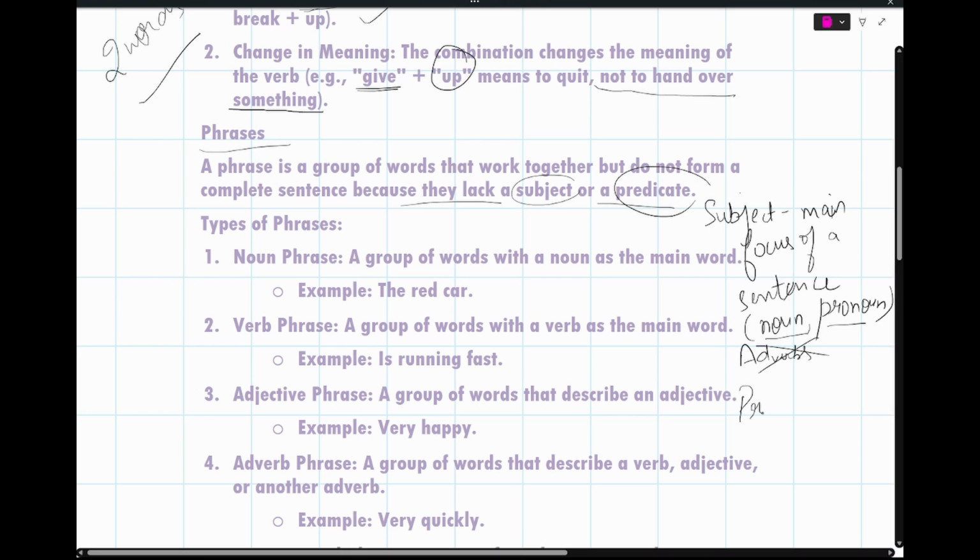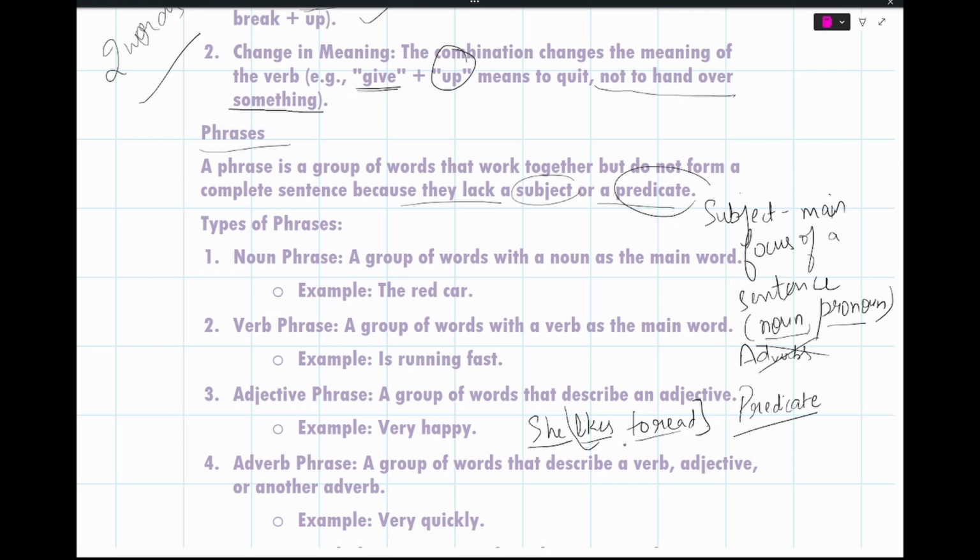Next is a predicate. So what is a predicate? It is basically the rest of the part that you are telling about the subject. For example, she likes to read. In this sentence, she is the subject and the whole thing, likes to read, is the predicate. The predicate is the combination of the verb and everything else in the sentence.